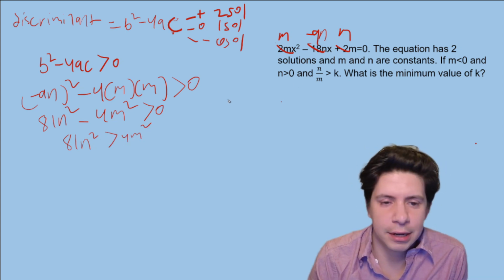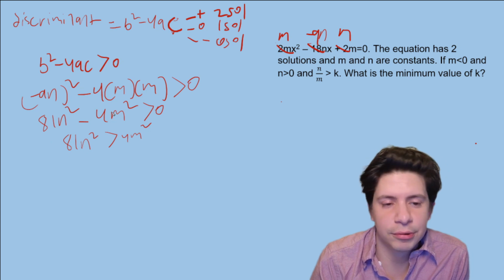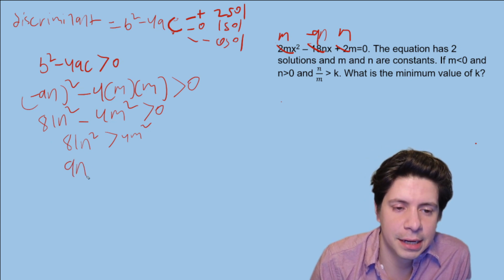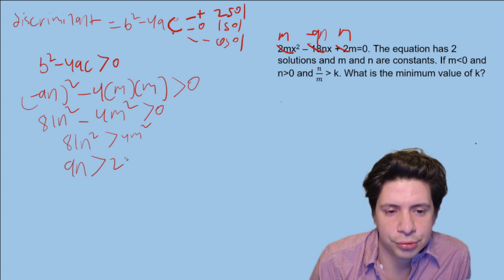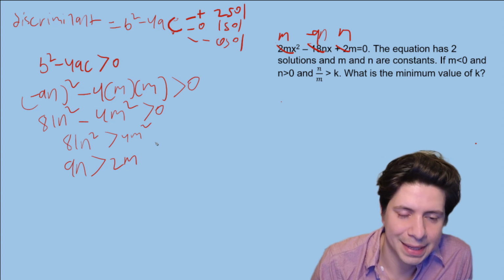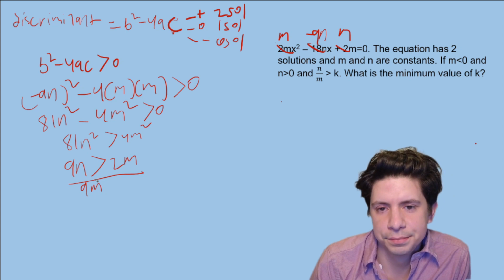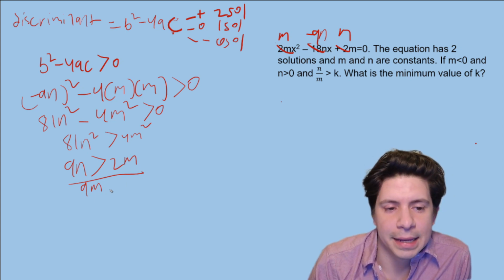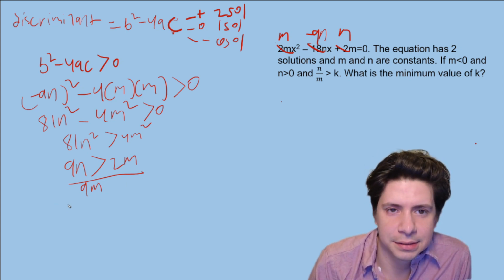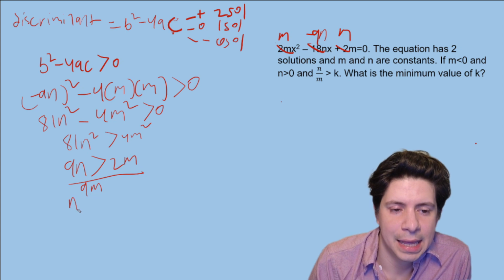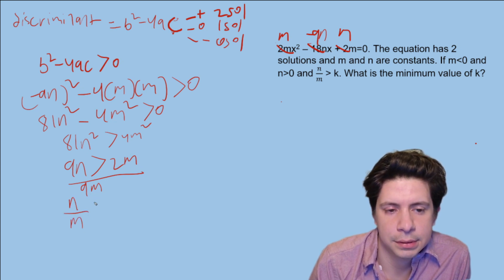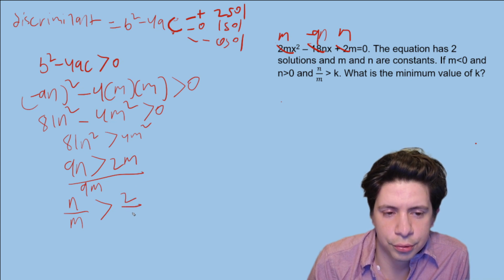And we want n over m, so let's square root both sides first. And we'll get 9n is greater than 2m. And now divide by m and divide by 9. So let's divide by 9m on both sides. And we are going to get, right, n over m is greater than 2 over 9.